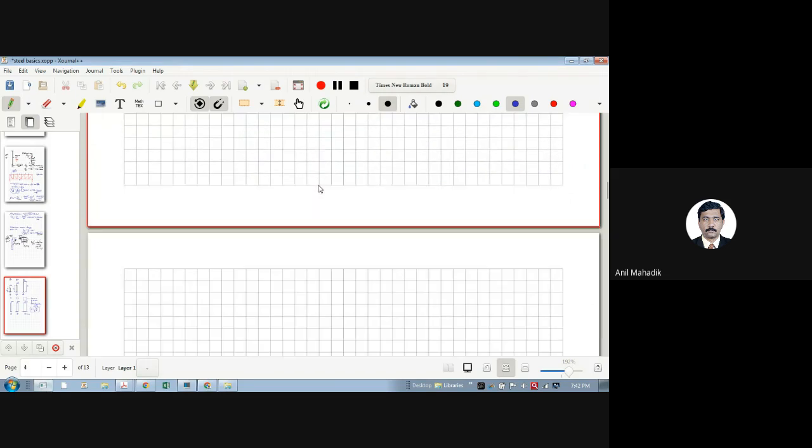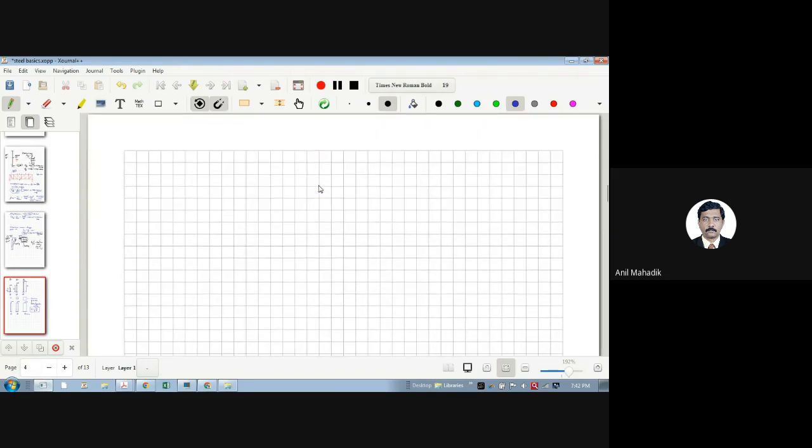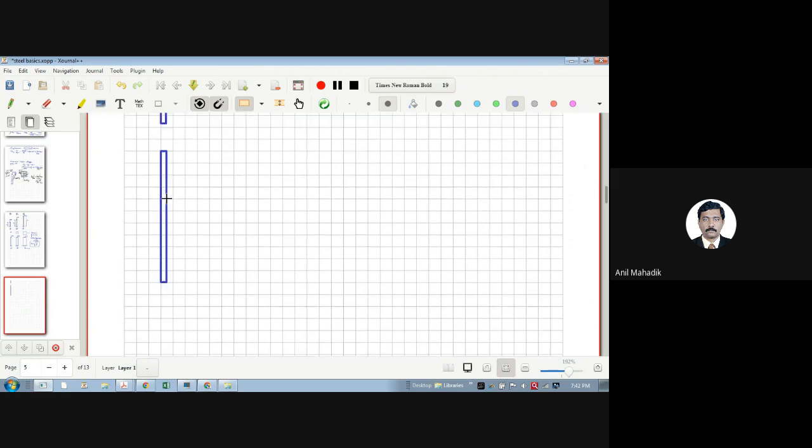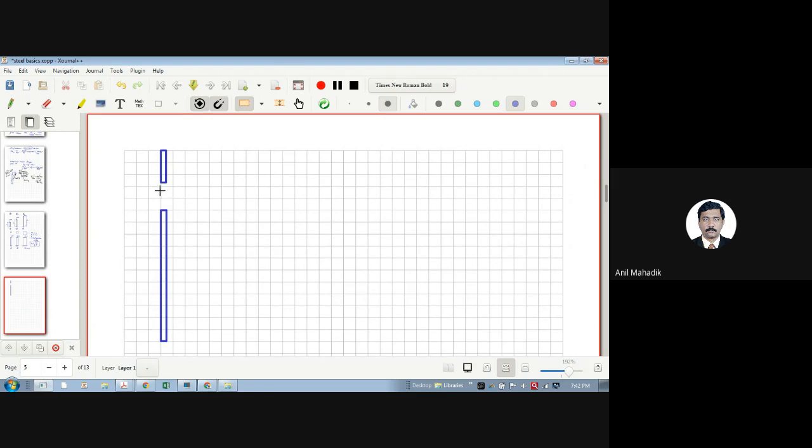Now, if I ask you one question, let's say we have one scale and the dimensions of the scale are like this. This is your plan, and this is your side elevation.